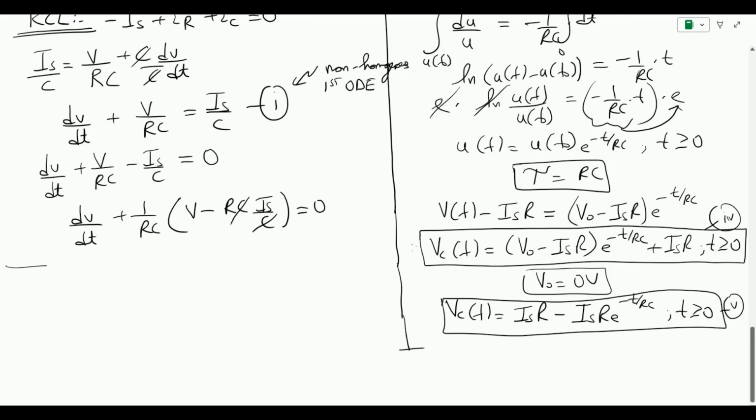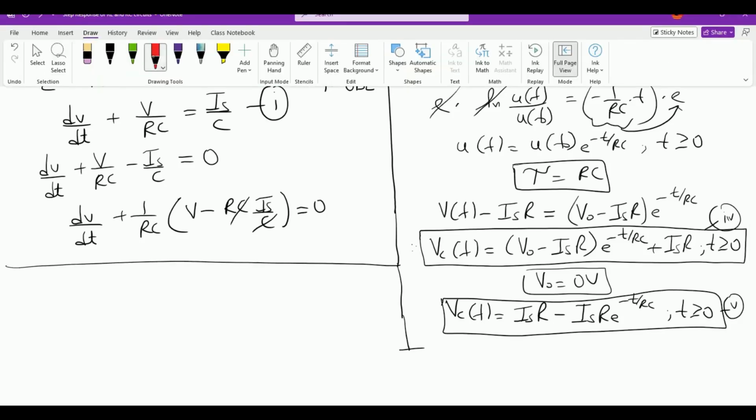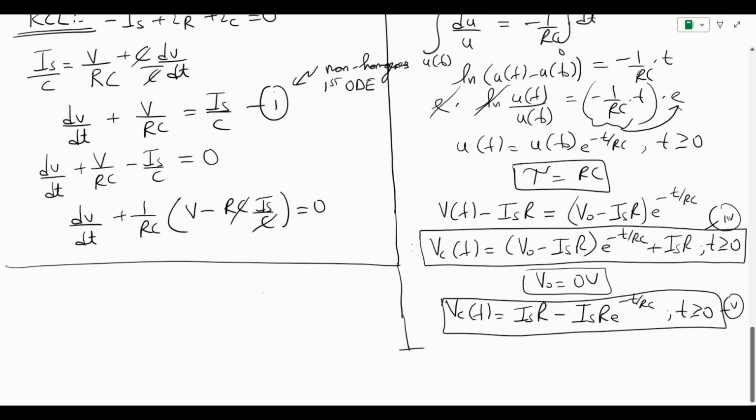Similarly, we can find the current of this behavior. So we know that the current across the capacitor is equal to C dV by dt. Just incorporate the value of V from here. So the final equation for the current, C dV by dt, can be written as C times 1 by RC (IS R minus V naught) e raised to the power minus 1 by RC into t.